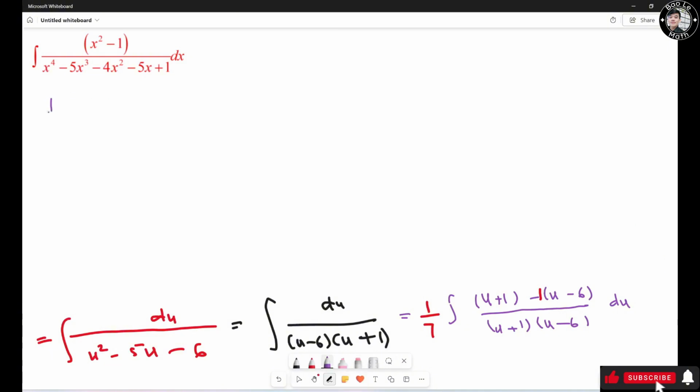It's going to be 1 over 7 times the integral of du over u minus 6. Now u plus 1 over u plus 1 times u minus 6: the u minus 6 cancels, so it could be negative the integral of du over u plus 1.